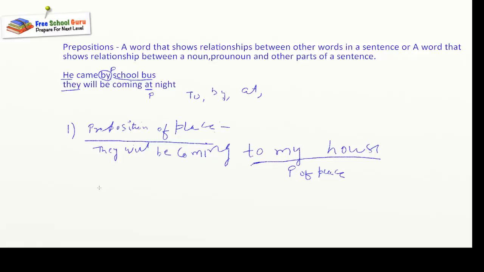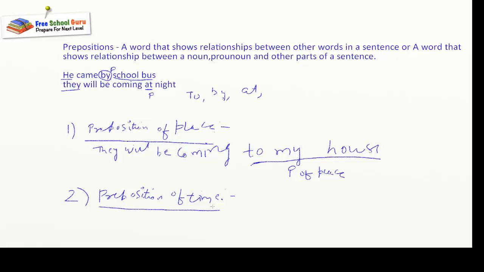Okay. So now let's look at the second type of preposition. The second type is called the preposition of time.